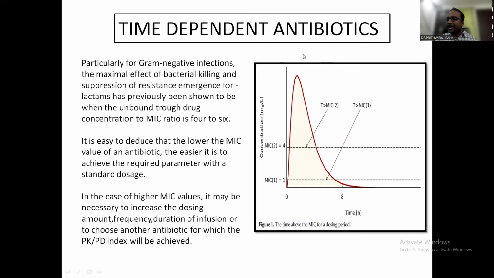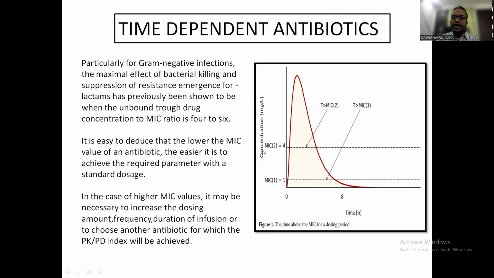We can increase the dose of the drug, for example going from 1 gram meropenem to 2 gram. How can we make the downslope more gradual? By giving the drug through a continuous infusion, right?